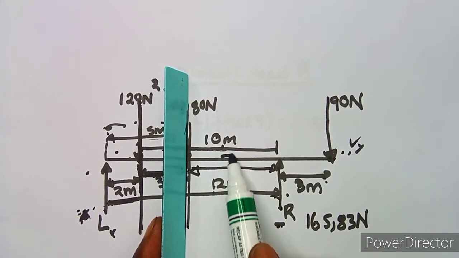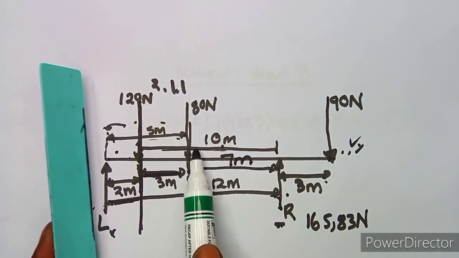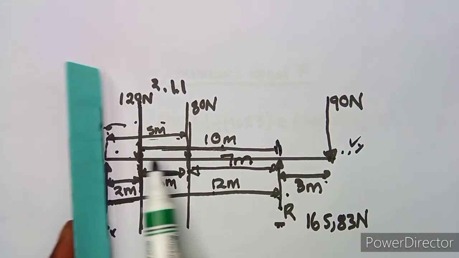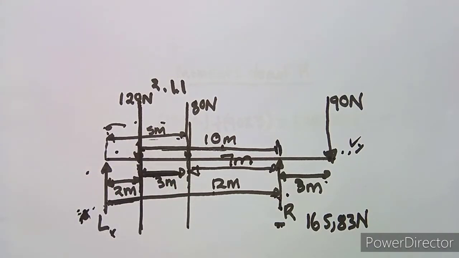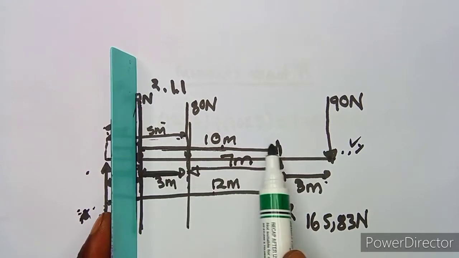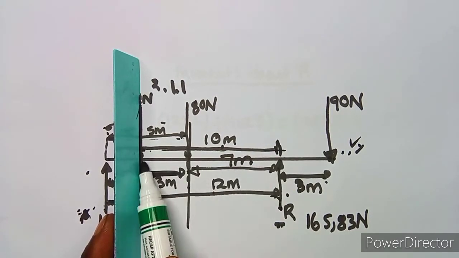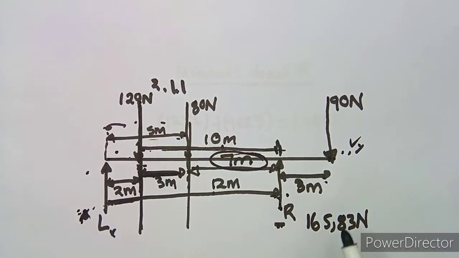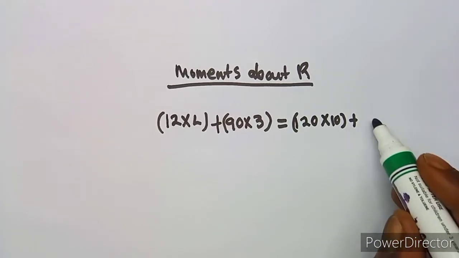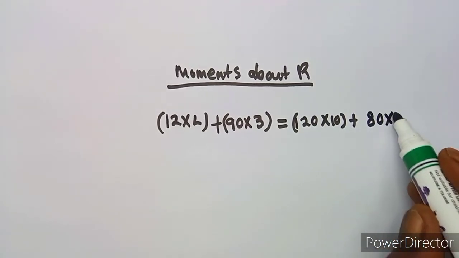The 5 is something else from the other part. We are working with this 10, so don't confuse it with this 5. So there's a distance of 7, and it's 80 times 7. We are going to add 80 times 7 on this one.